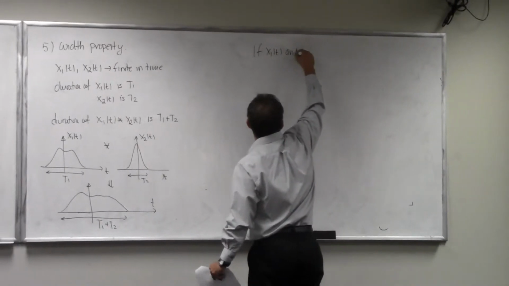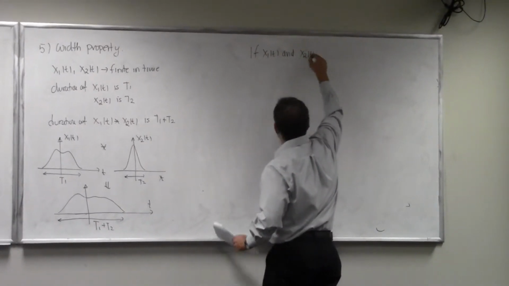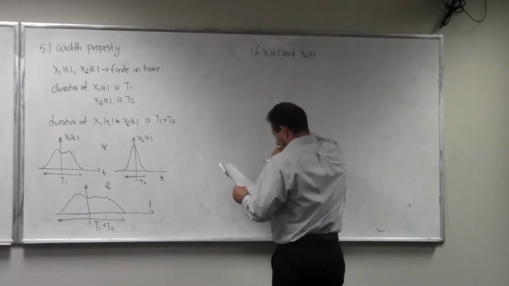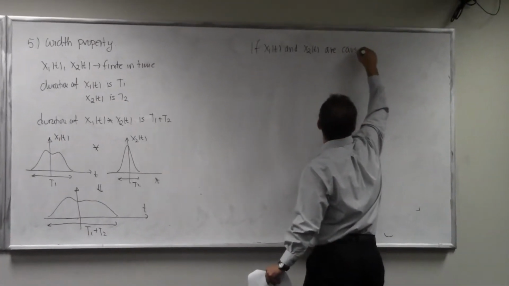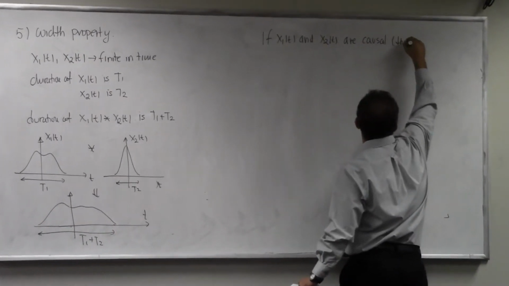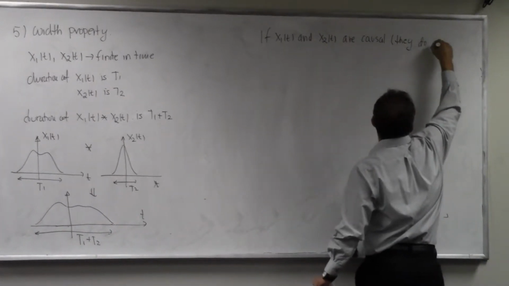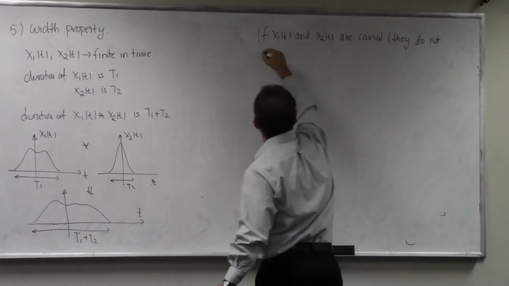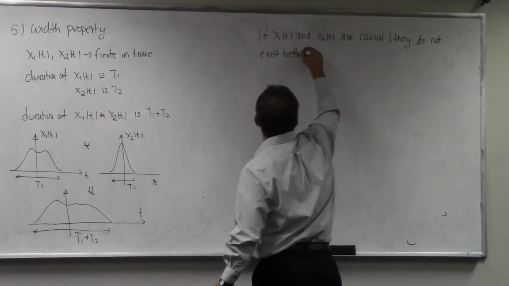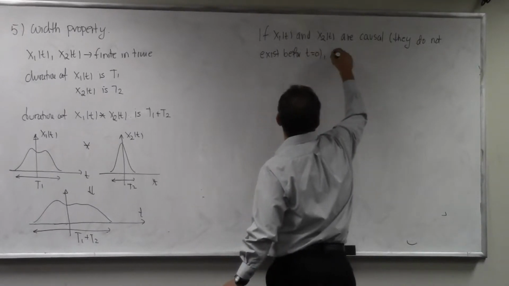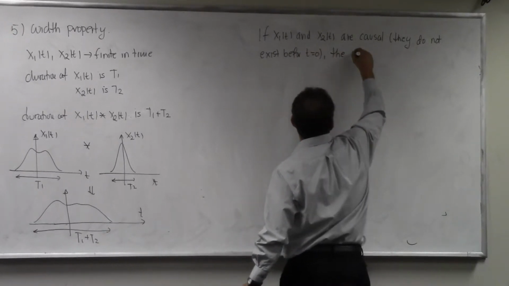If x1 of t and x2 of t are causal, meaning they don't exist before t equals 0, the convolution integral simplifies.